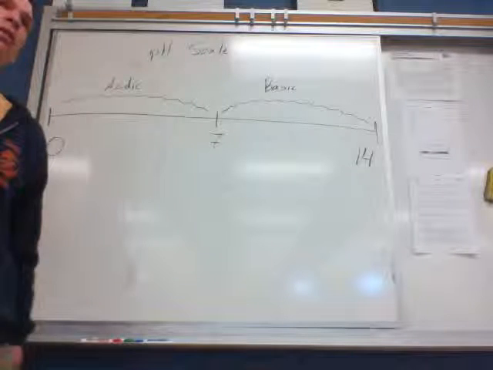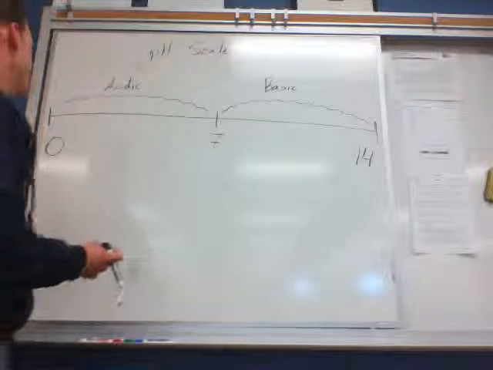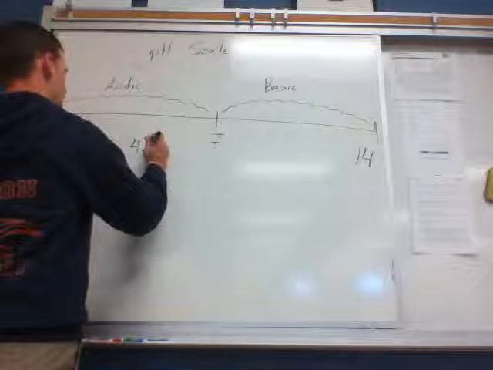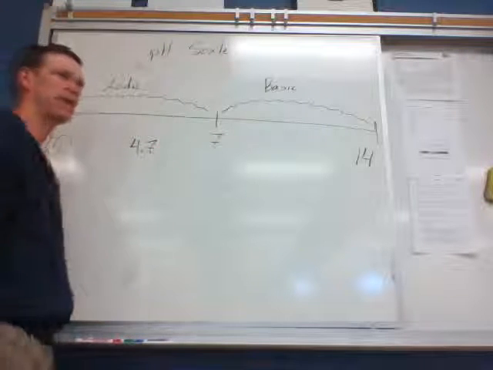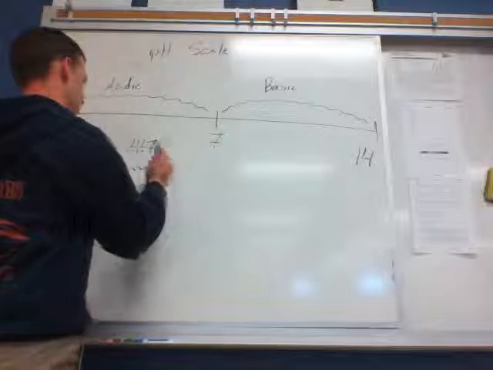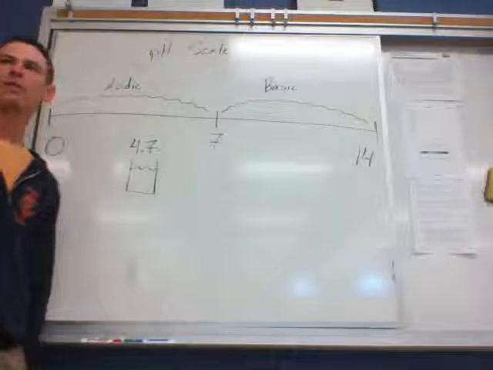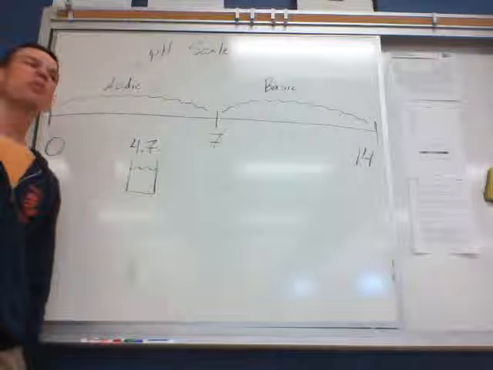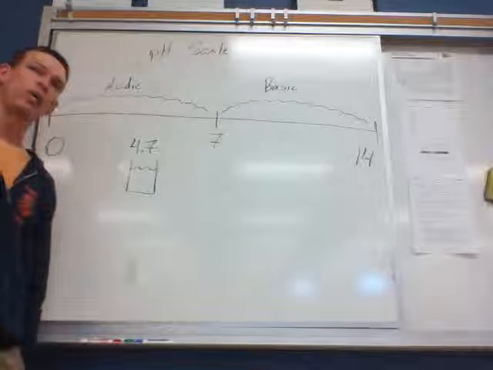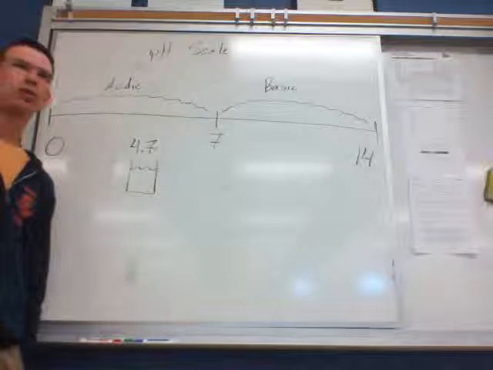Consider this question. If I had a substance that had a pH of 4.7, that's the pH that I have in this beaker right here. He's got a pH of 4.7. Would you expect him to have more hydroxide or hydronium ions? Don't answer out loud.